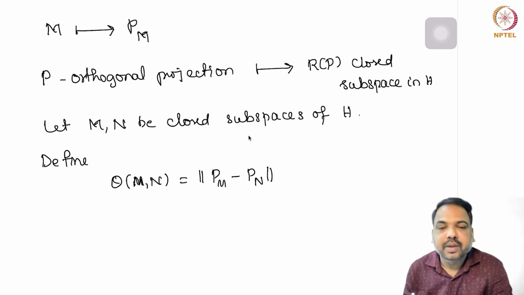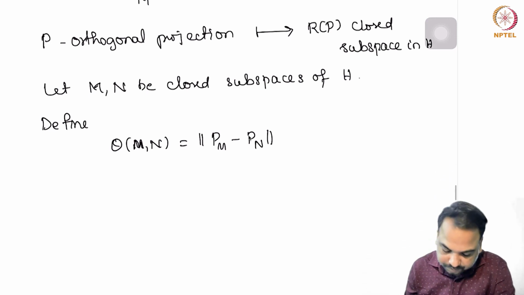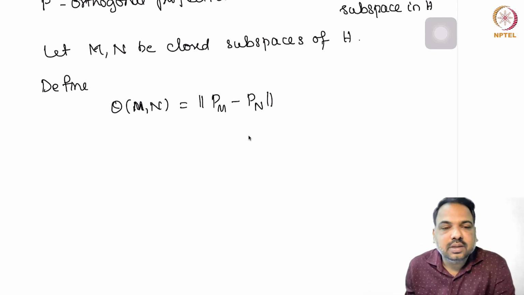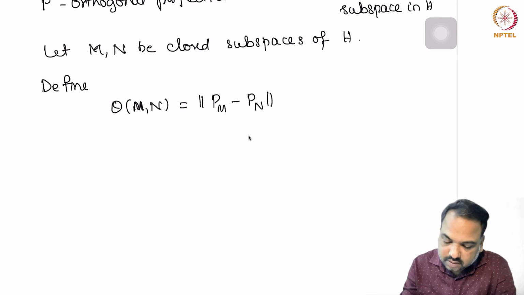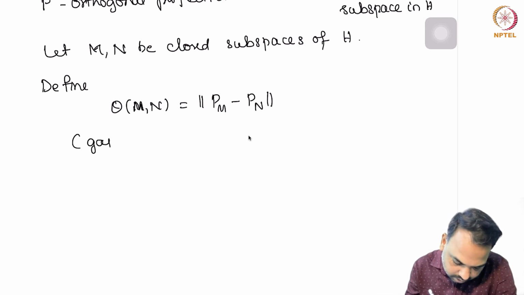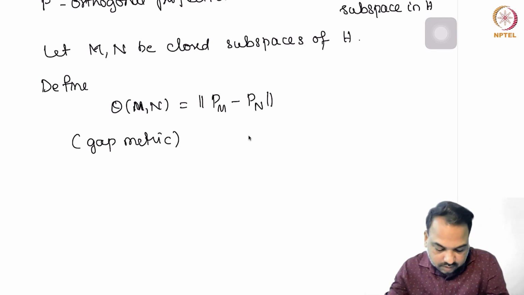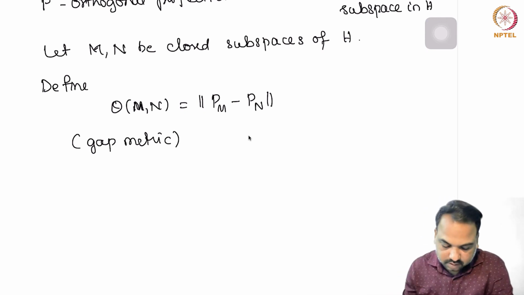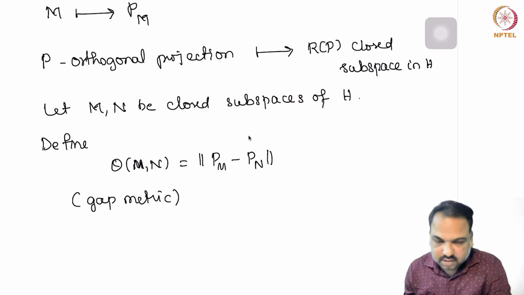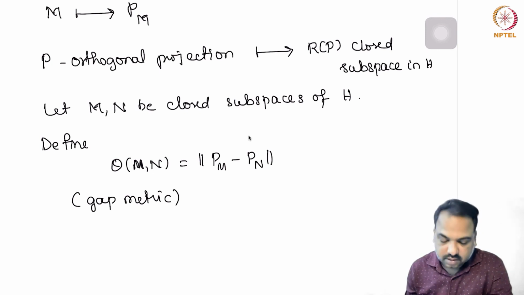As I told earlier, P_M stands for the orthogonal projection onto M, and P_N stands for the orthogonal projection onto N. Now using this we can show that theta is a metric on closed subspaces of H. So this metric is known as the gap metric, and using this metric we can discuss distance between two closed subspaces and convergence of subspaces to another subspace. So we can actually discuss operators through subspaces and subspaces through operators.